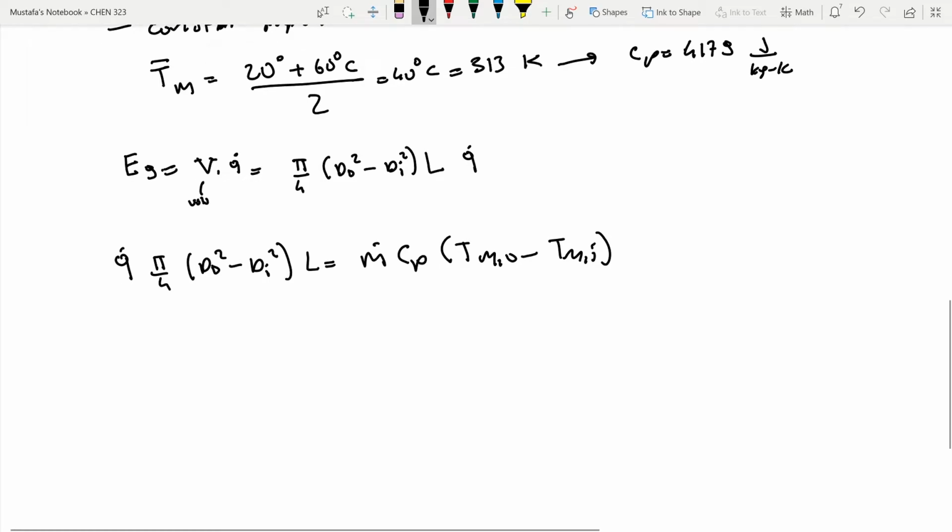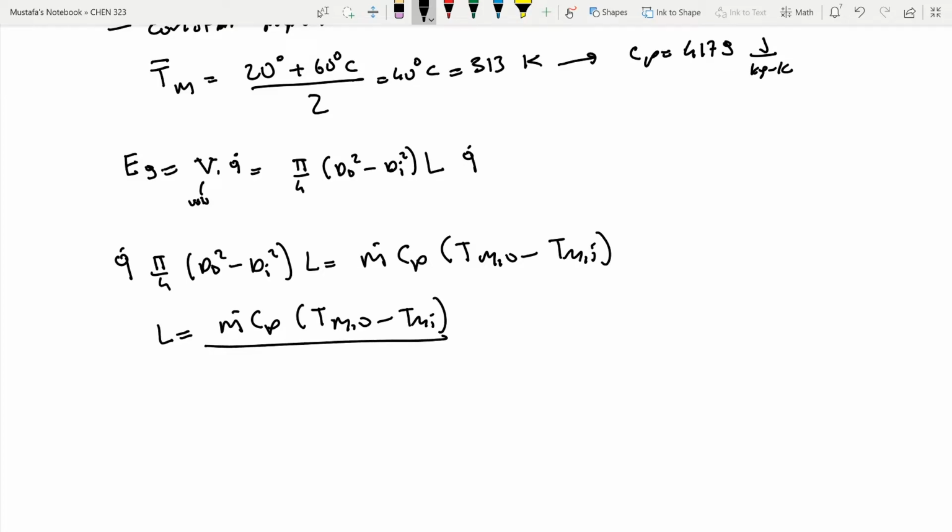So that means L, the length required to achieve this, is m Cp (Tm out minus Tm in) divided by Q dot pi over 4 (the outer square minus the inner square). And here I do know everything.